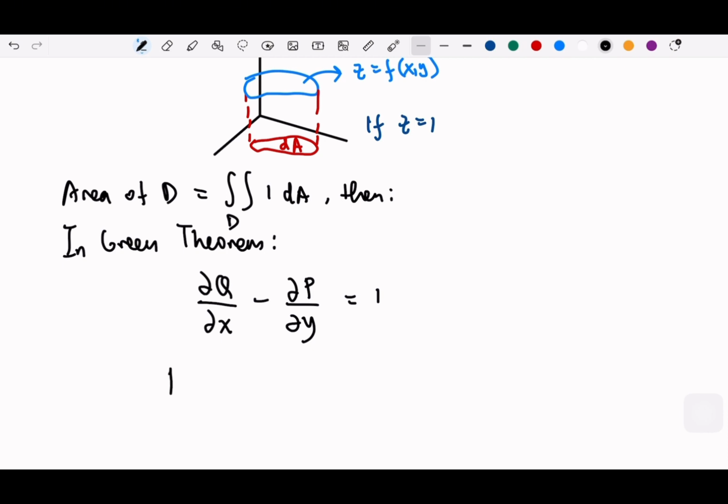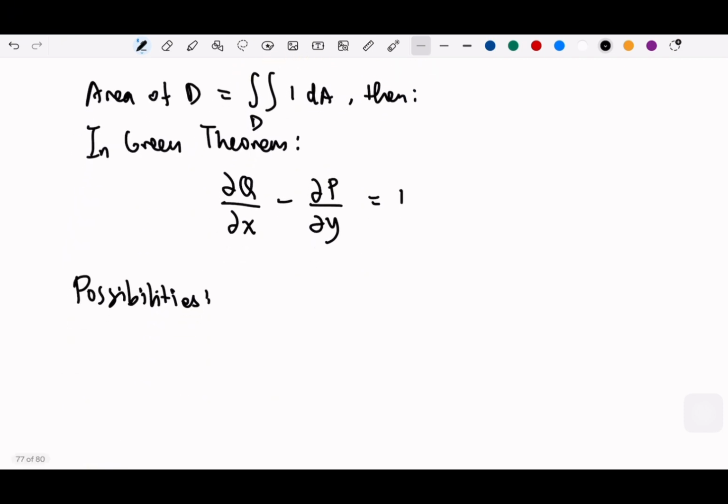So here is a possibility. Let's say if P is 0, then to make it 1, Q needs to be x.